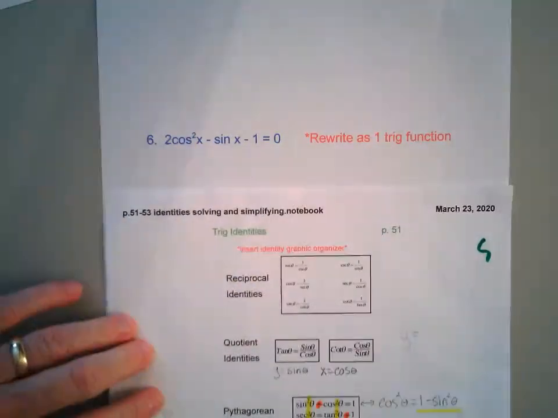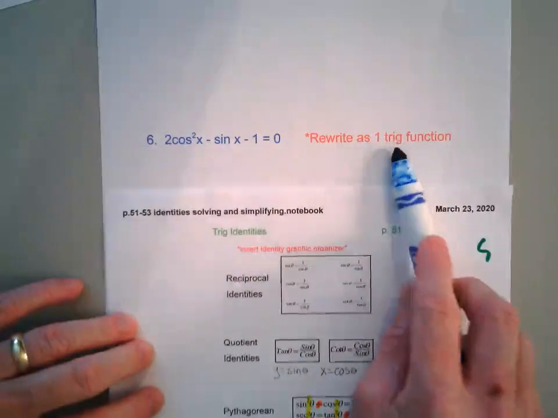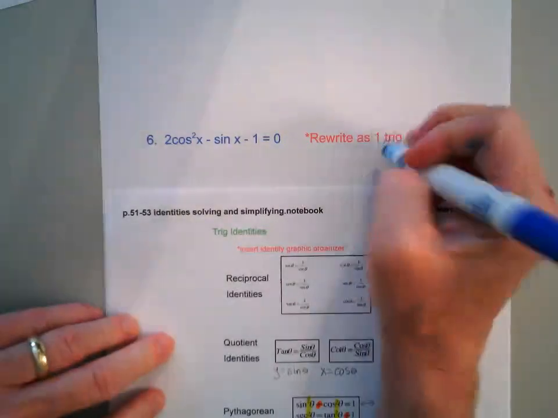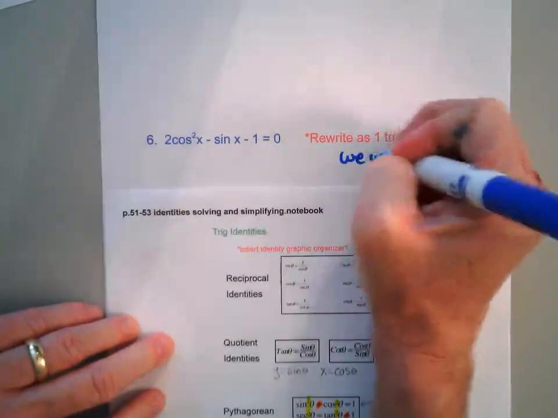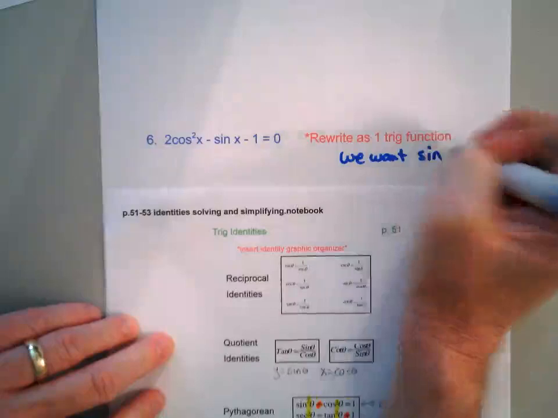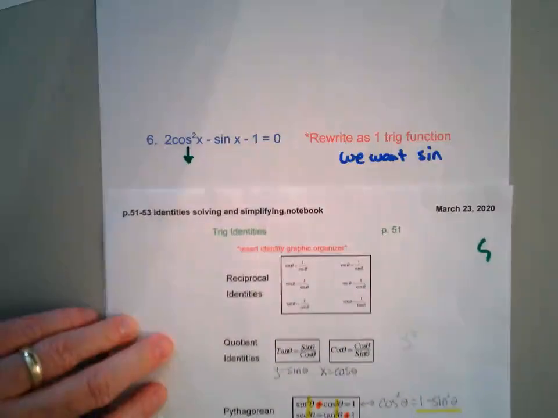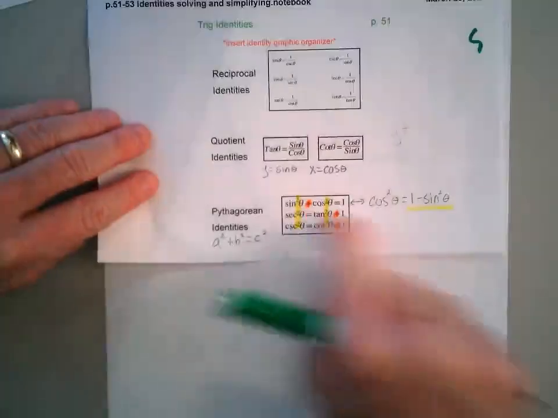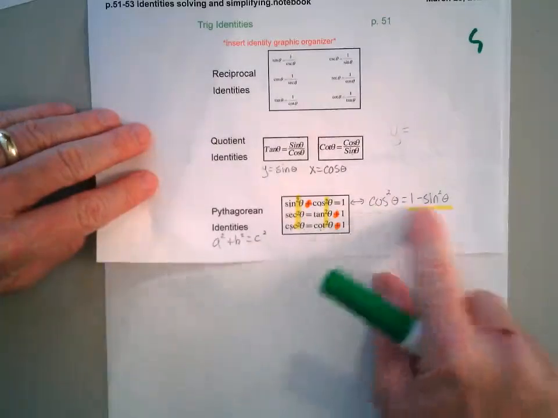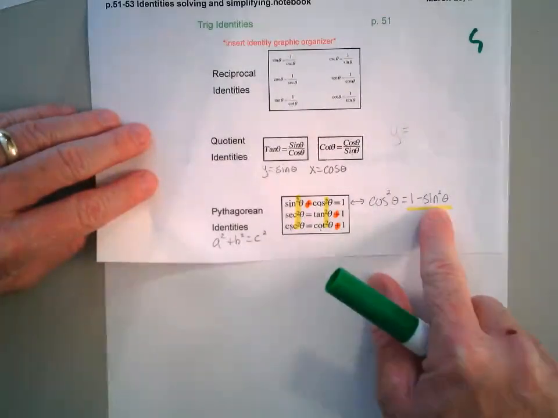So we want to rewrite this as just one trig function. In our case, we want sine. So we're going to take the cosine squared. Remember that cosine squared right here equals 1 minus sine squared theta.